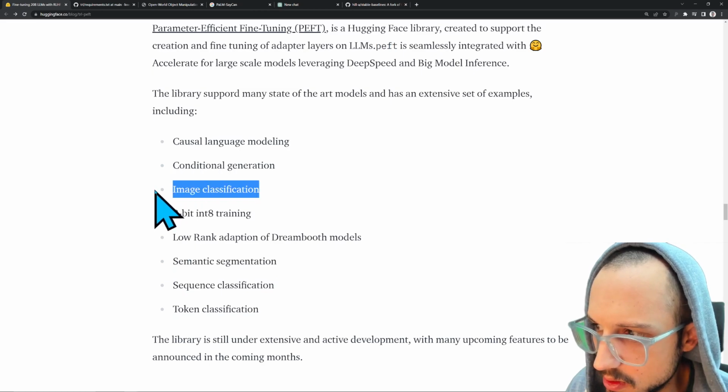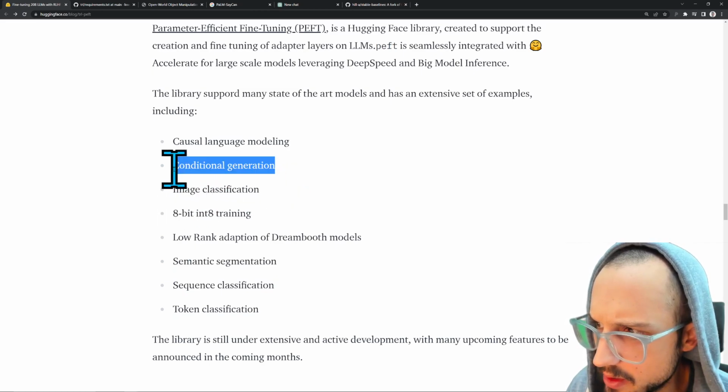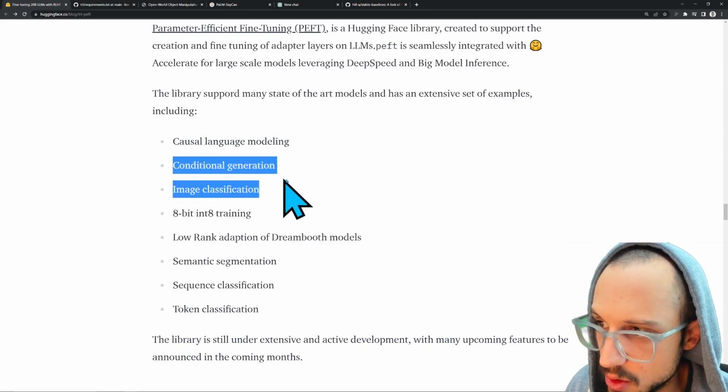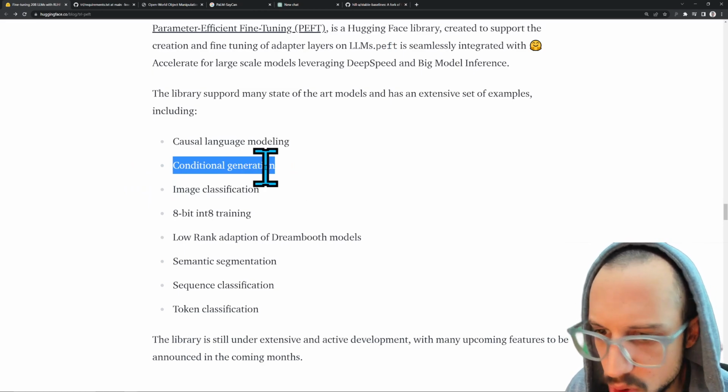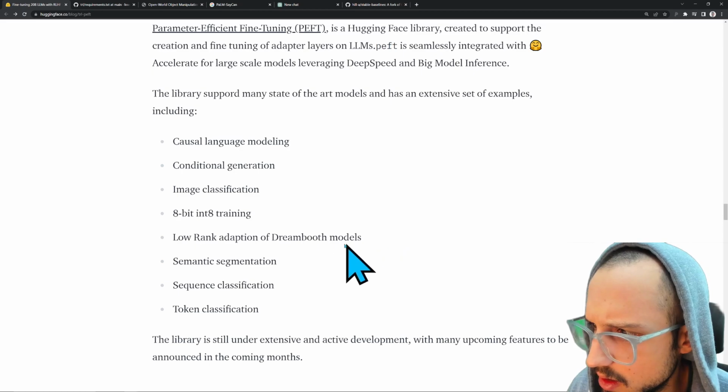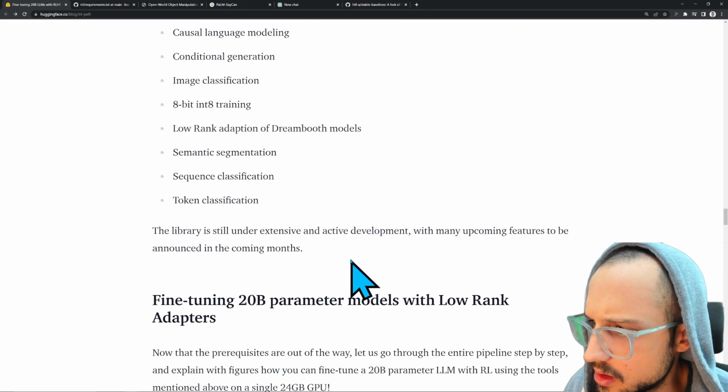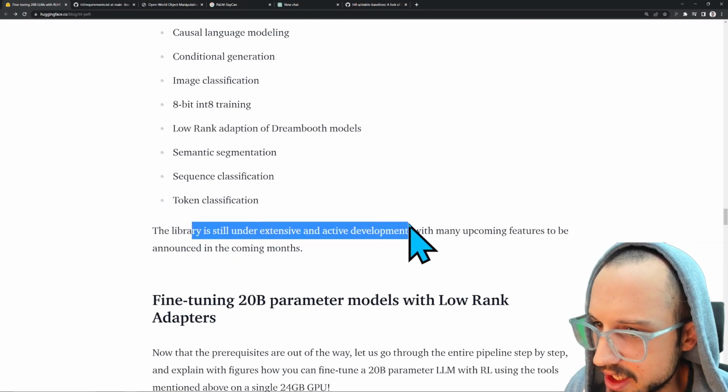This is an image task. Conditional generation, this is a diffusion model, right? Or this could actually be natural language as well, generating text conditionally on some prompt or something like that. The library is still under extensive and active development.